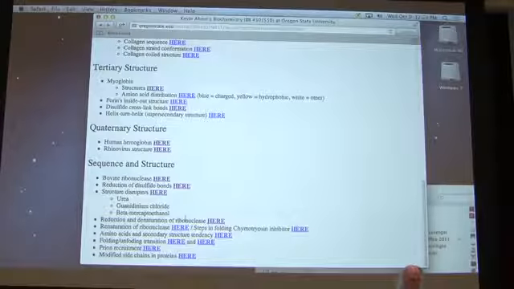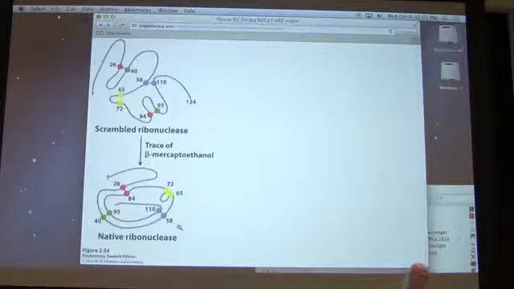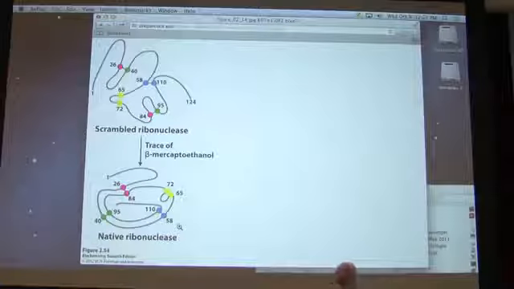Now, ribonuclease is a pretty interesting protein, as I said earlier, because ribonuclease teaches us and reminds us about the importance of primary structure, the primary sequence of amino acids. This is related to a couple of the questions that I had earlier, so let me step you through this. Let's say I've got a ribonuclease.